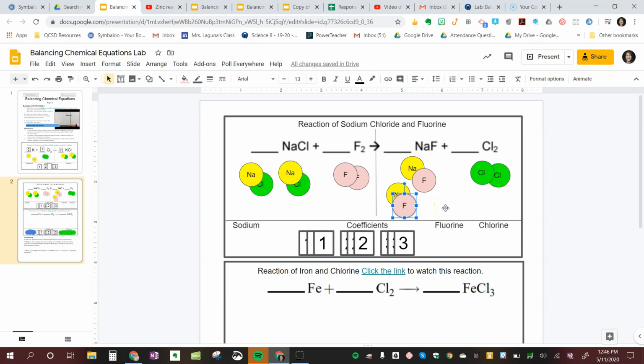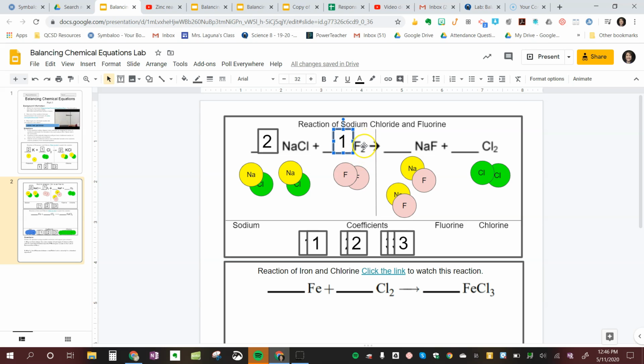Okay. Is it balanced now? Let me see. 2, 2. Yes. Okay, time to add the coefficients in. So that's a 2. And then a 1, because it's one of the double guys. That's right. You have to see what the formula says.